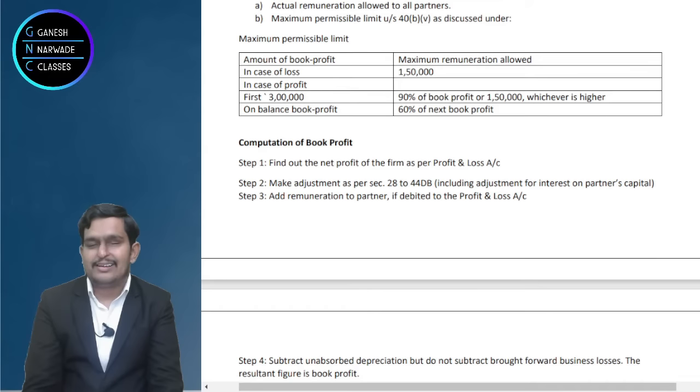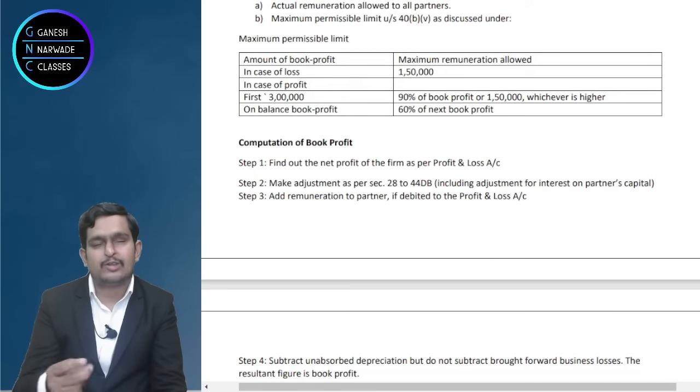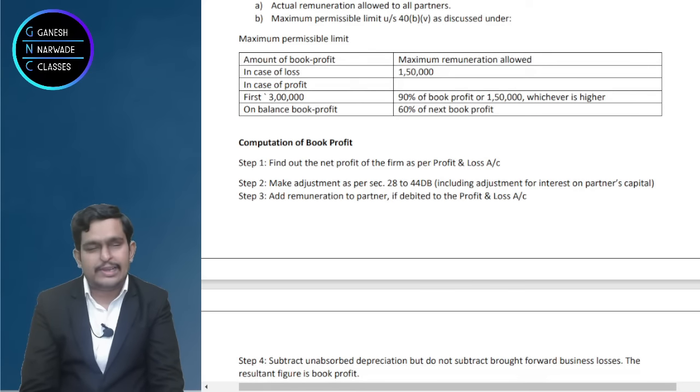Now we will get gross book profit before remuneration and unabsorbed depreciation, right? So we have to add back all the remuneration, whatever is there, and excess interest beyond 12% also has to be added back. So we did 3 steps.